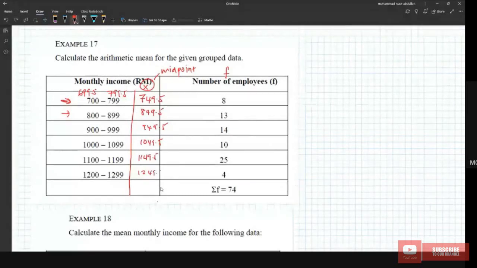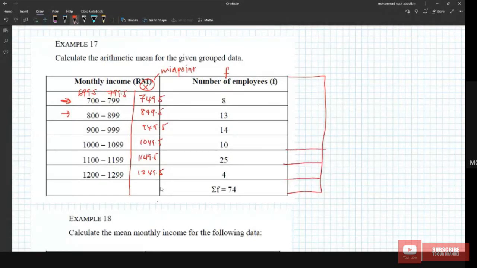1249.5. And then we need to create another column which is going to represent the value of f multiplied with x, right? So fx: 8 multiplied with 749.5 should be equal to 5996, right?